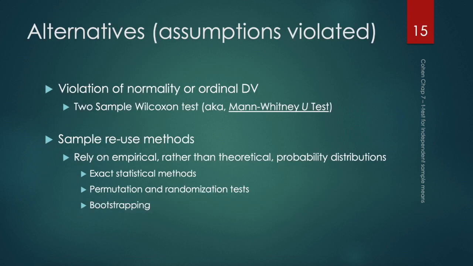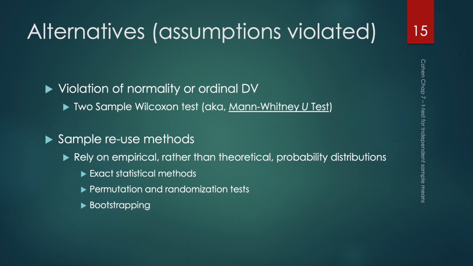Now, like I mentioned, when you have a violation of normality or you have an ordinal dependent variable, you can use a two-sample Wilcoxon test. It's also called the Mann-Whitney U-test. You also can use sample reuse methods.